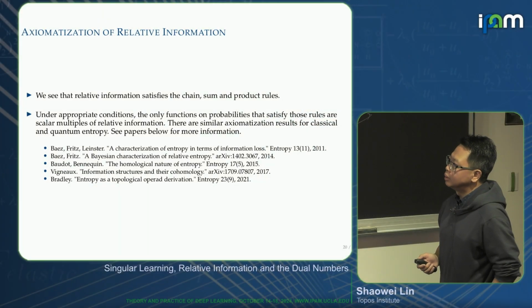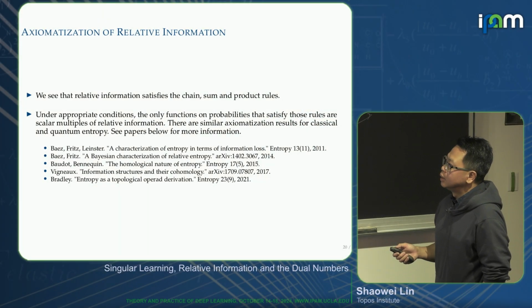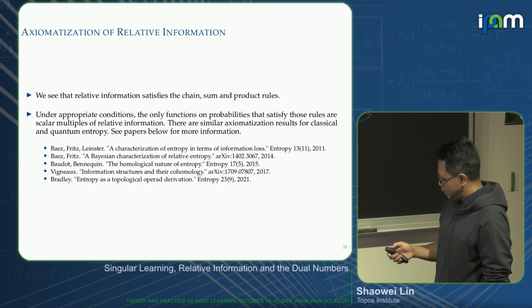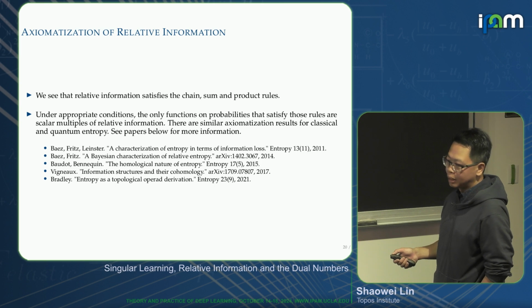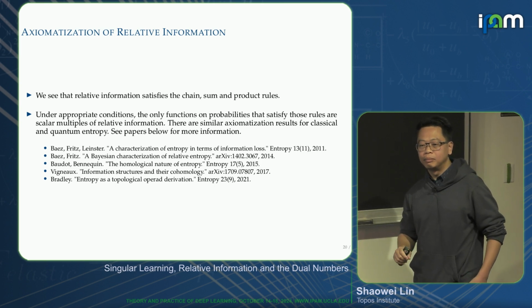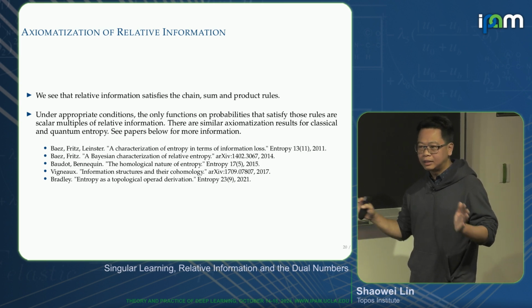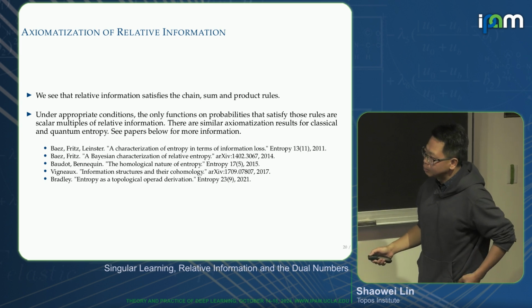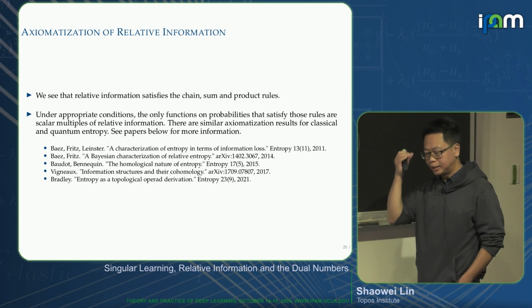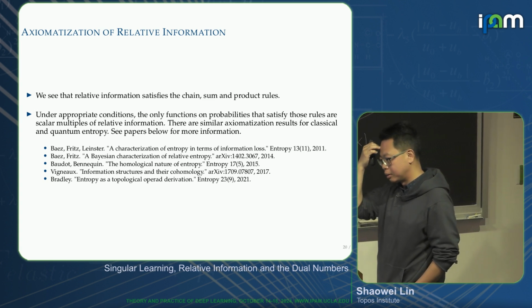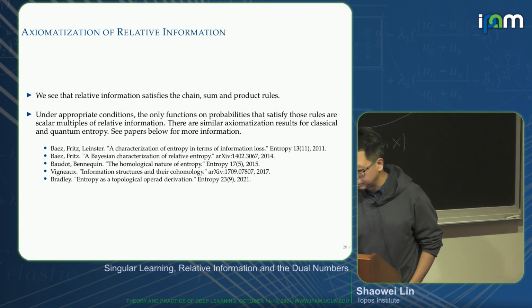There has been a lot of work by others looking at the chain rules, sum rules, and product rules, and asking if they completely characterize or axiomatize relative information. There are some papers that look into that here. I'm not going to talk about that today, but it's also an interesting topic for people looking at relative information.